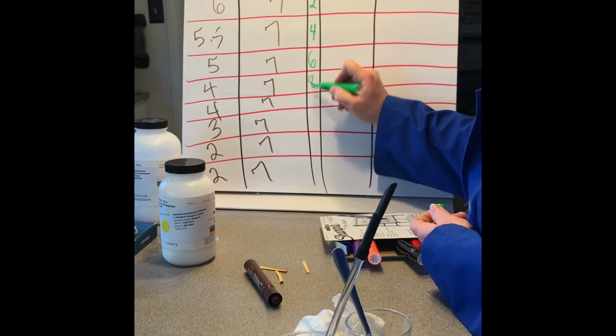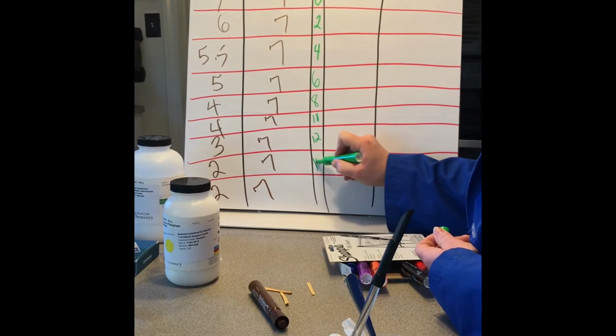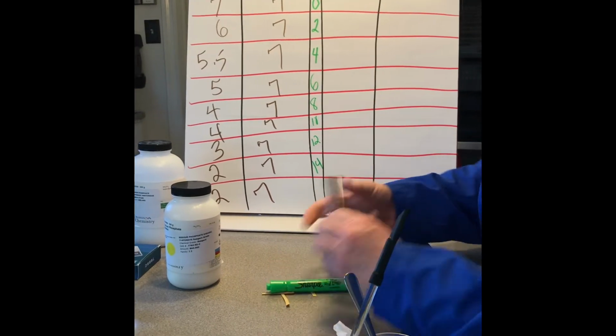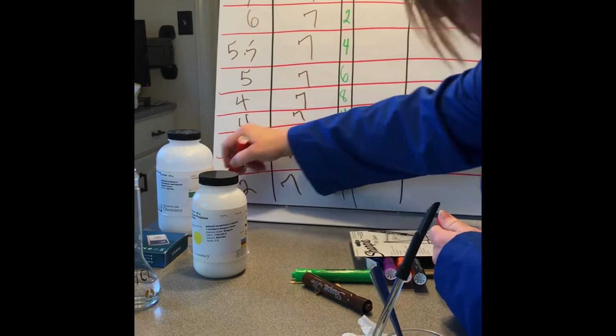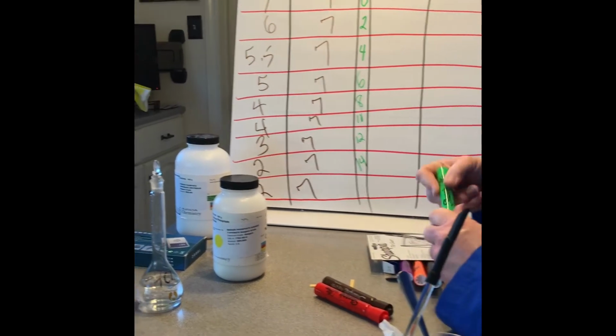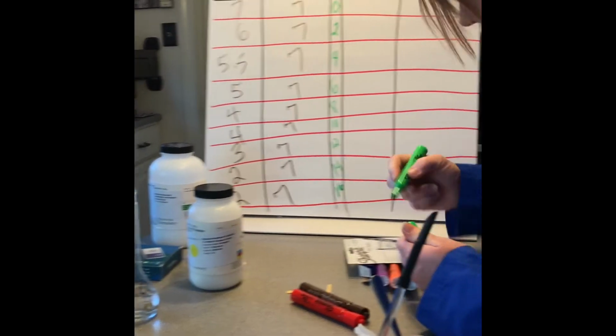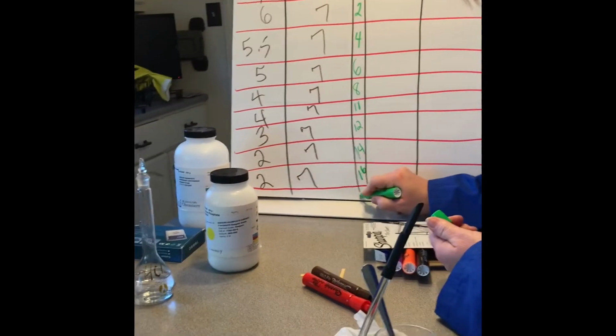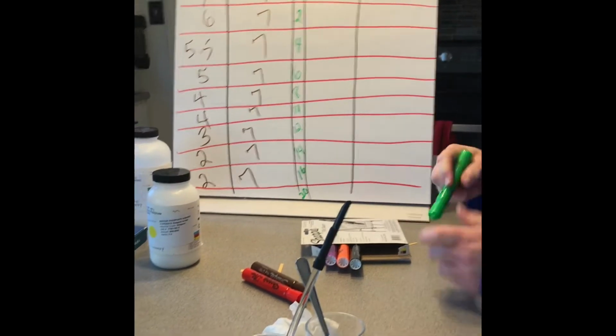So let's do 6, 8, 10, 12, 14. Now let's just, for the gags, go all the way to 20. Oh yeah, look at that. That's a big jump.